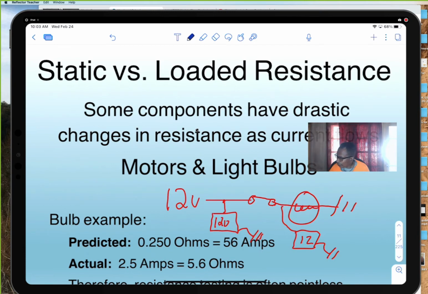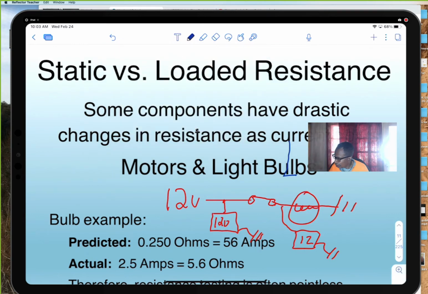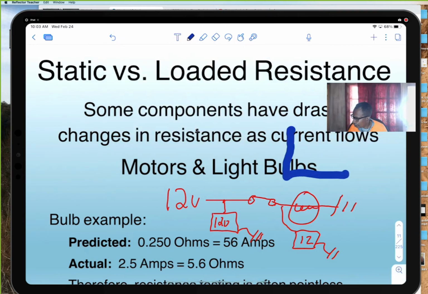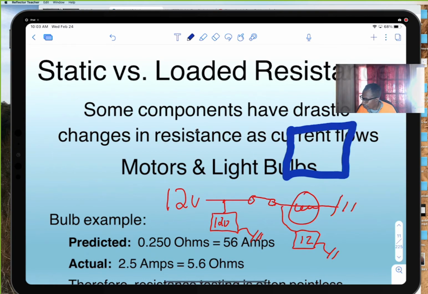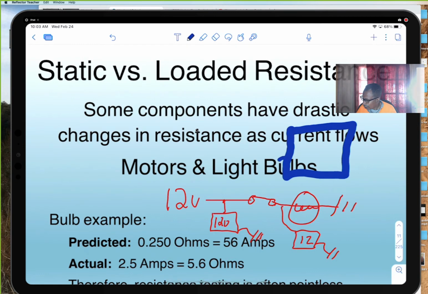Now, with that said, if I take a voltmeter and go here and here. On this side, this lead.